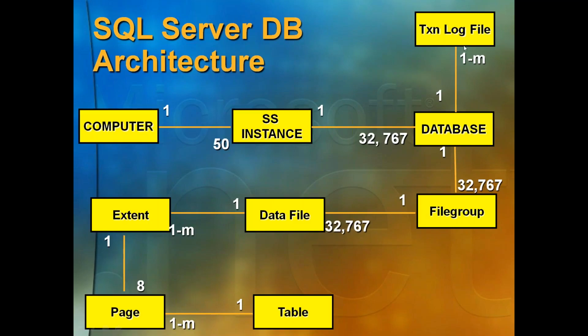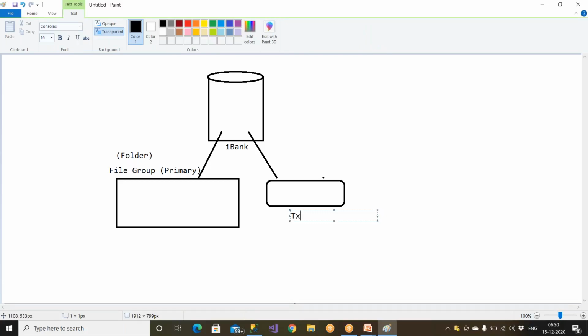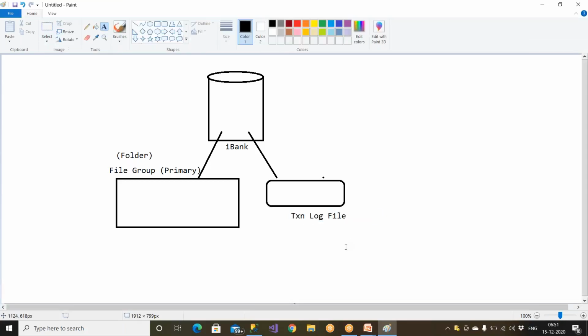And you are going to get one transaction log file. So you are getting one more file, a log file. Clear? Let me say this is what is called a transaction log file. A file means there is a path, right?